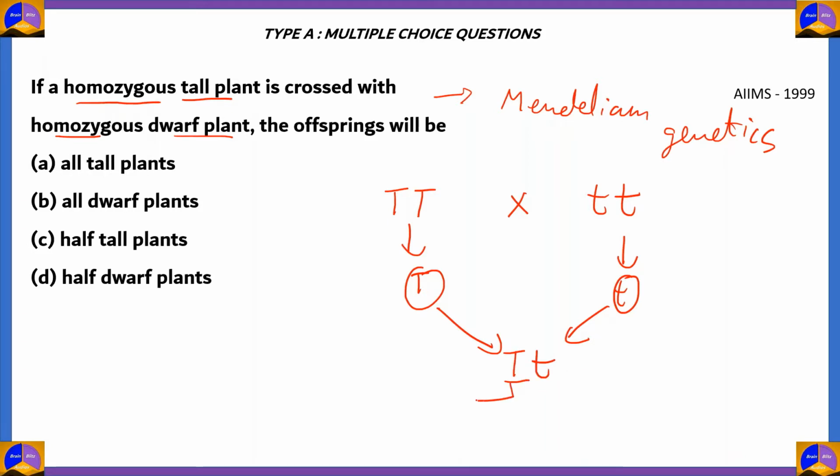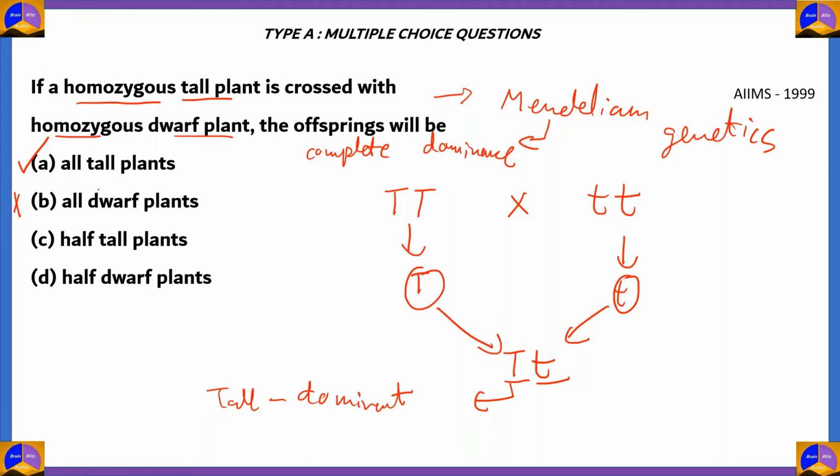Over here, tall is dominant. And since it's Mendelian genetics, they exhibit complete dominance. So even though there is one recessive allele, the dominant allele is going to be expressed. So when we look at each of our options, option A, which is all tall plants, is correct. Option B is all dwarf plants.